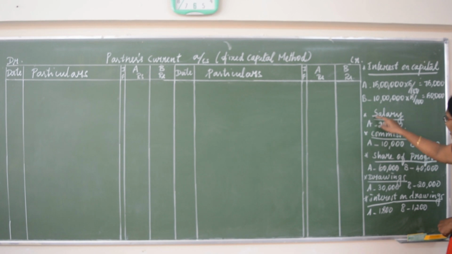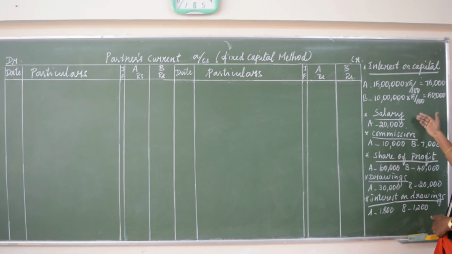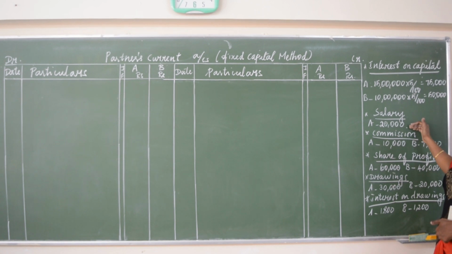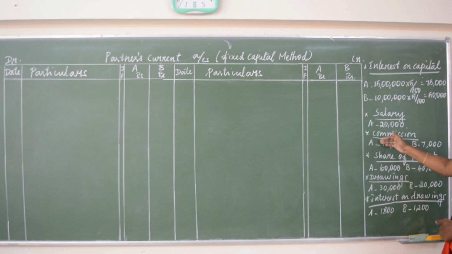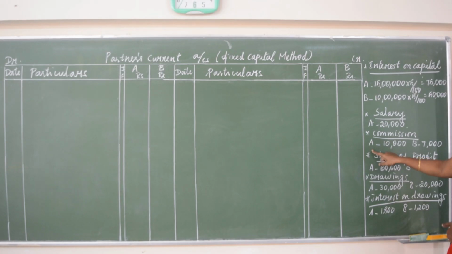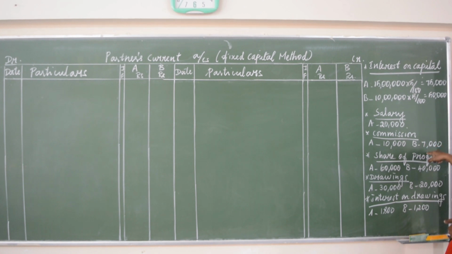And next, salary is given for A, how much? 20,000. B, he doesn't get salary because it is not given in the question. Commission for partner A, 10,000. For partner B, 7,000. Share of profit. This is the profit they have calculated in P&L appropriation and given to us.